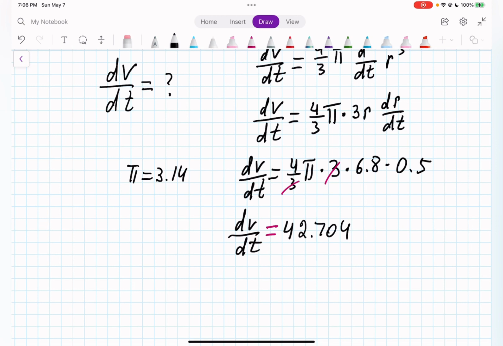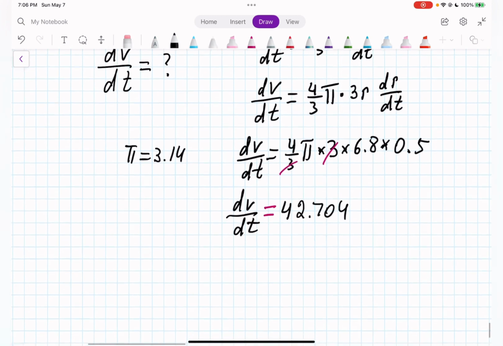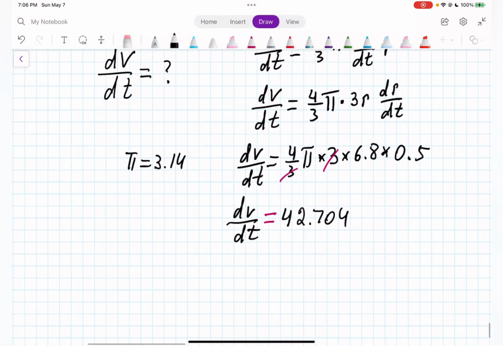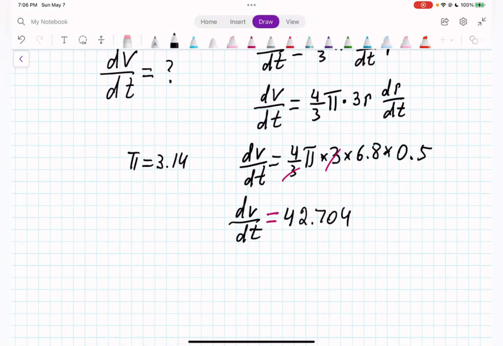I put the multiplication as a cross, because I'm afraid some students will get confused which one is the decimal and which one is multiplication. Let me double check.